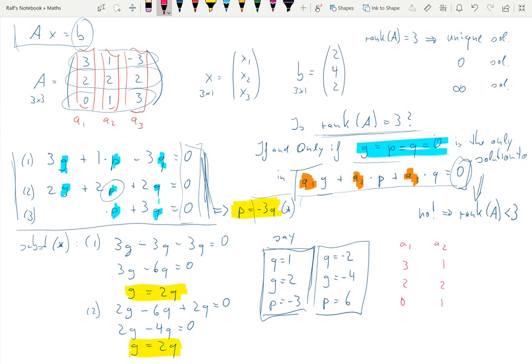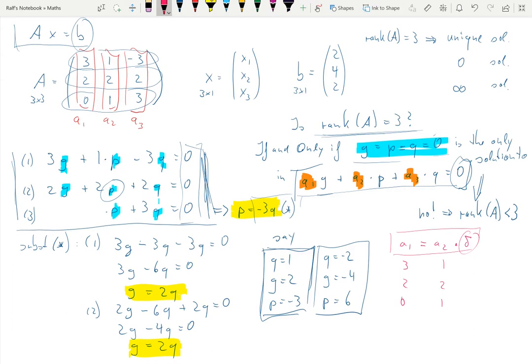Well, if they were linearly dependent, it should be possible to express A1, for instance, as A2 times some sort of factor. That's called the factor delta. Okay, if they were dependent, you should be able to say that. So is there any value of delta which makes this correct?